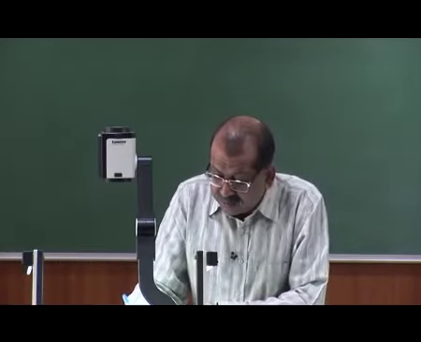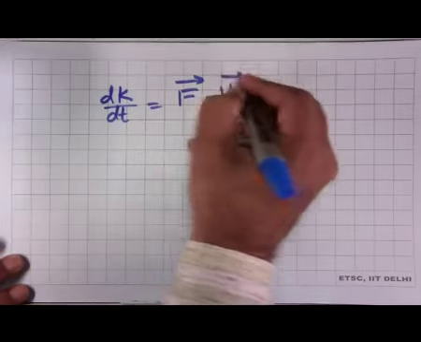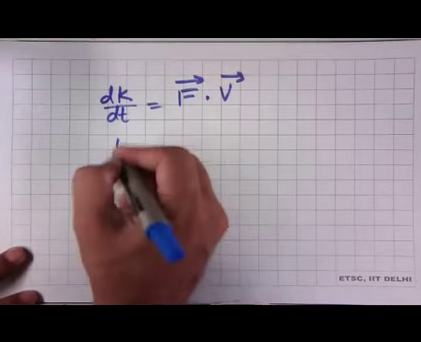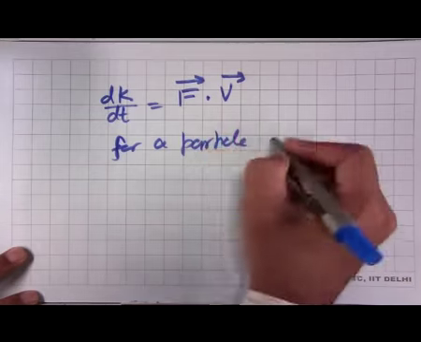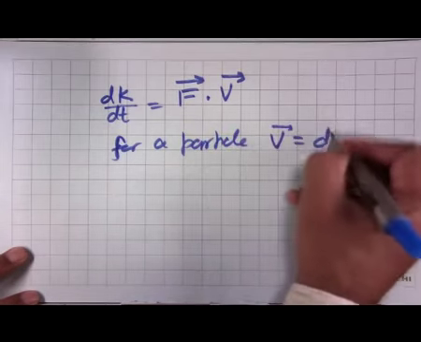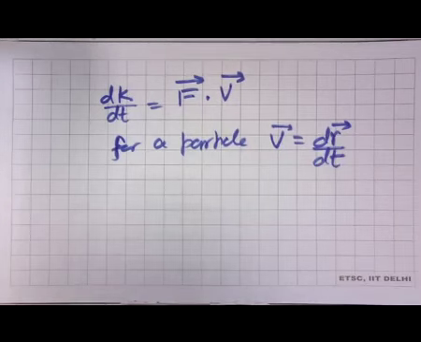What we get is dK by dt is equal to F dotted with v, and for a particle v can be written as dr by dt, where r is the displacement vector for the particle.